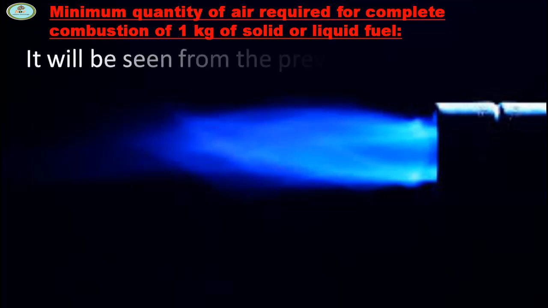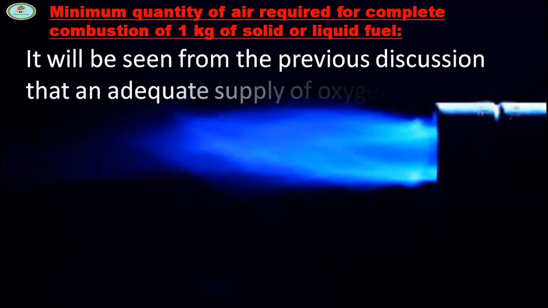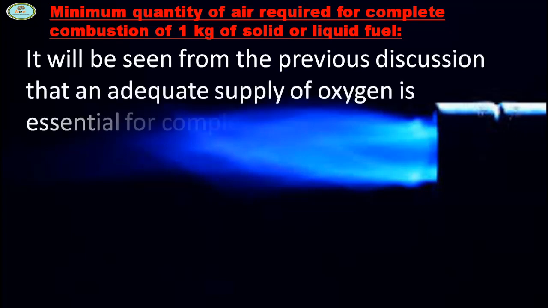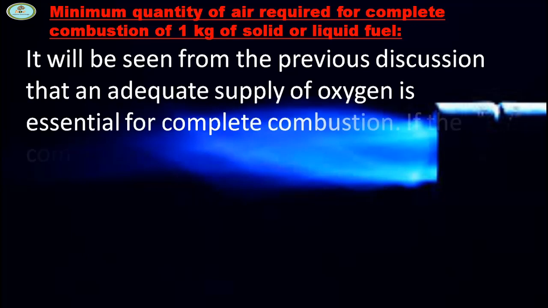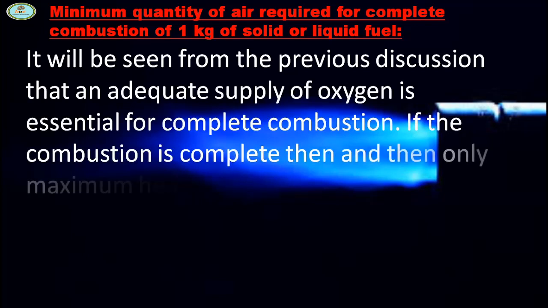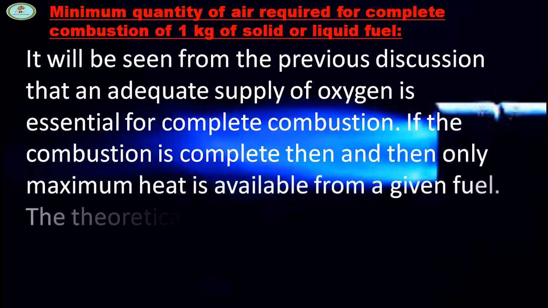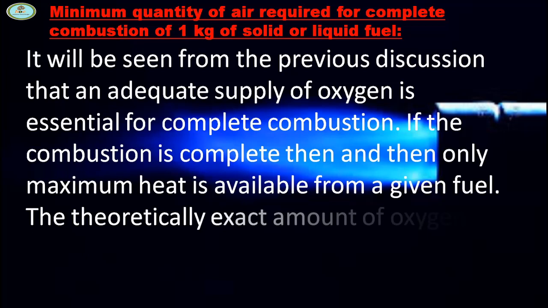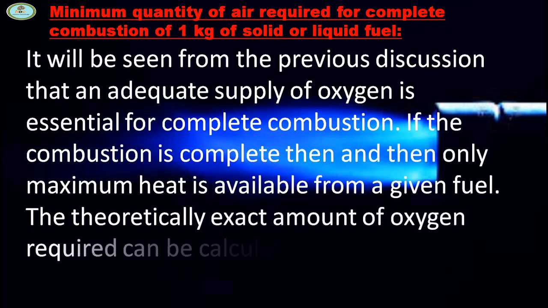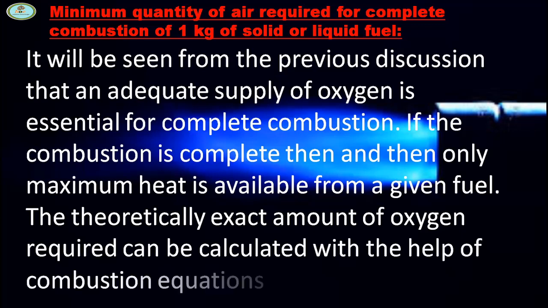It will be seen from the previous discussion that an adequate supply of oxygen is essential for complete combustion. If the combustion is complete, then and only then is maximum heat available from a given fuel. The theoretically exact amount of oxygen required can be calculated with the help of combustion equations.